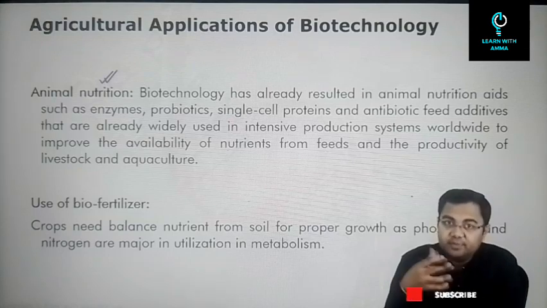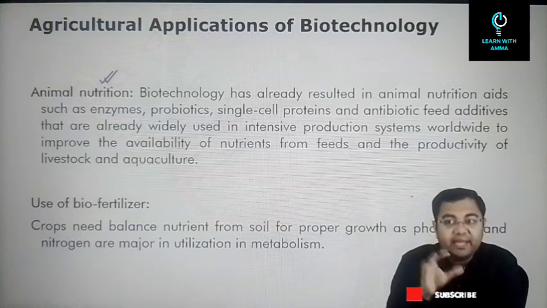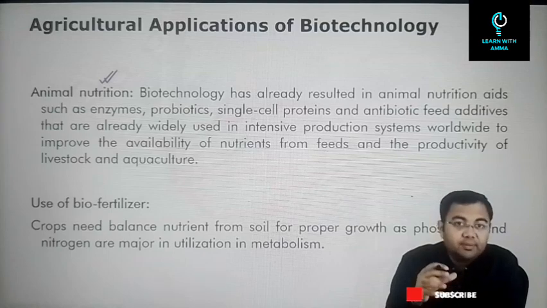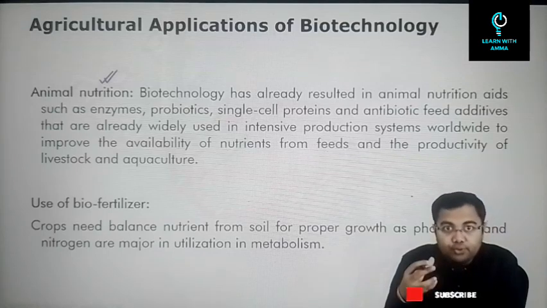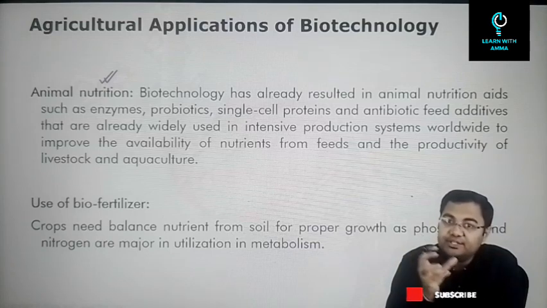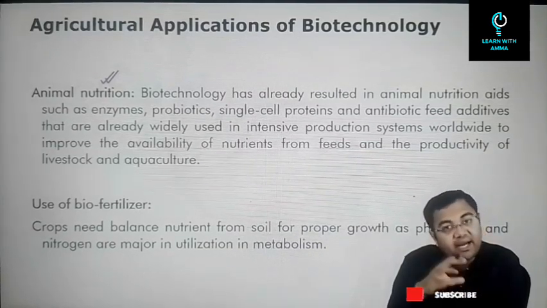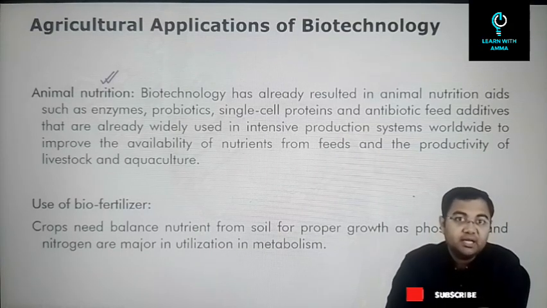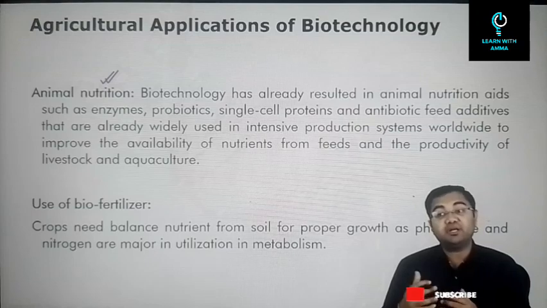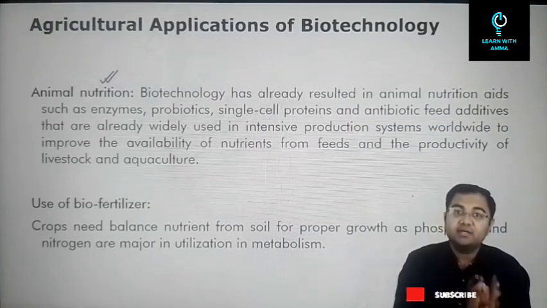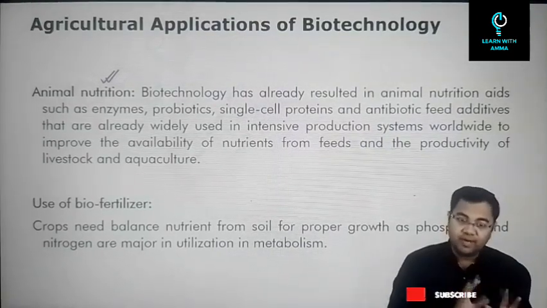Now the challenge for the farmers many a time is that to provide enough nutrients to the cattle and the livestock, they have to spend a lot of money. So many a time we try to make animal food in a manner that although it is consumed in lower amounts, it has enough of the nutrients required by the cattle or the livestock. In this case, the farmer does not have to spend a lot in ensuring the food and nutrition for the livestock. So this is also one way of doing it.